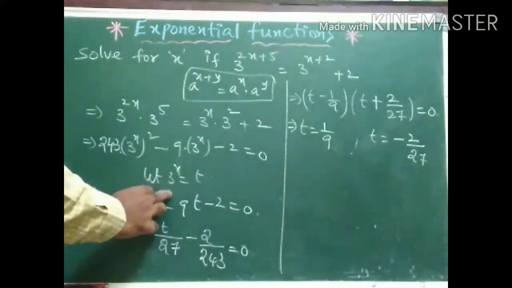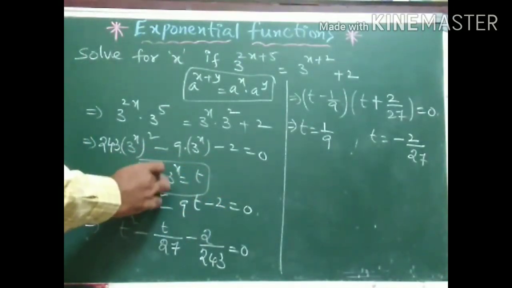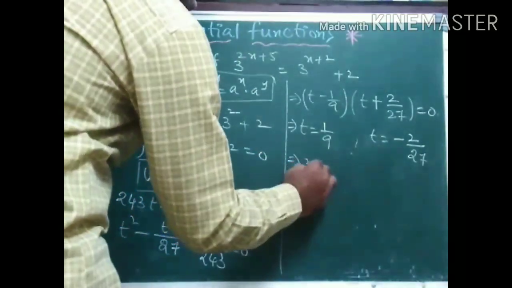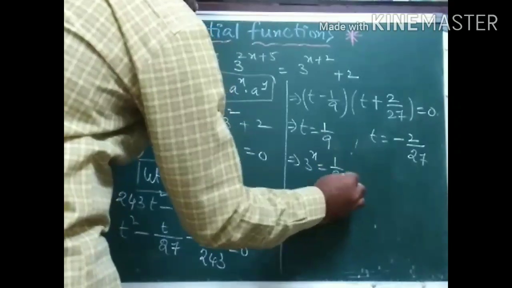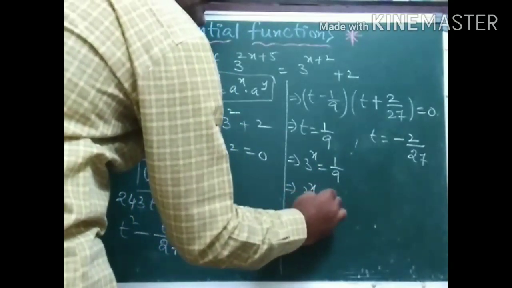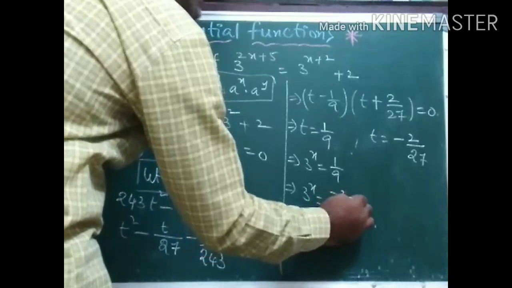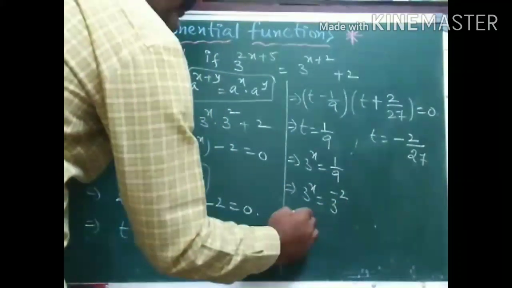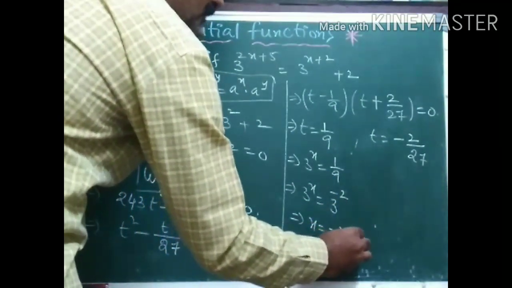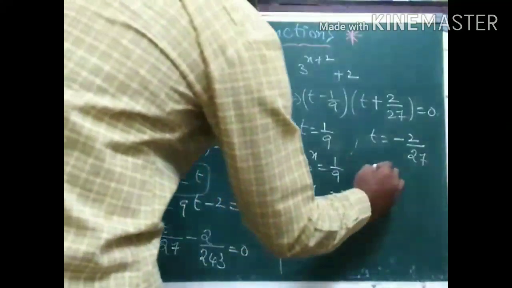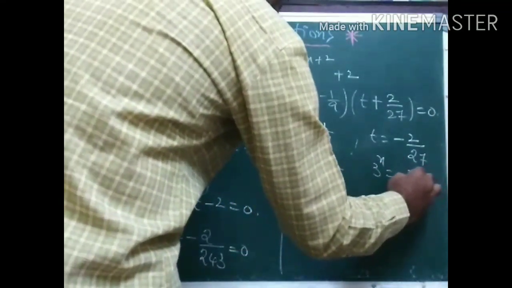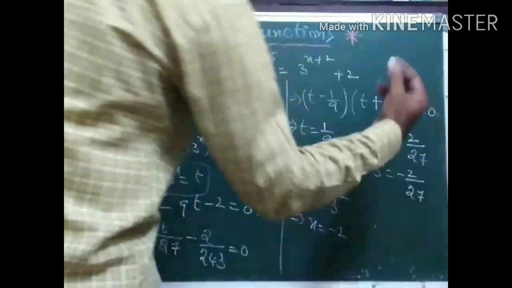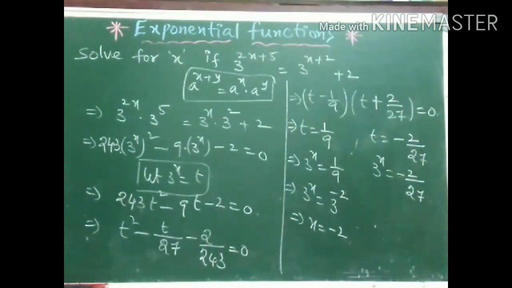But what is t? We assumed t as 3 power x. So 3 to the power of x is equal to 1 by 9, which I can write as 3 to the power of minus 2. From this I can say that x is equal to minus 2. And coming to here, 3 to the power of x is equal to minus 2 by 27. But my dear, we discussed in the properties, the last one, the 9th one: exponential function range is strictly positive, greater than 0.